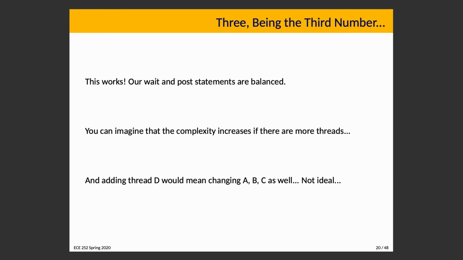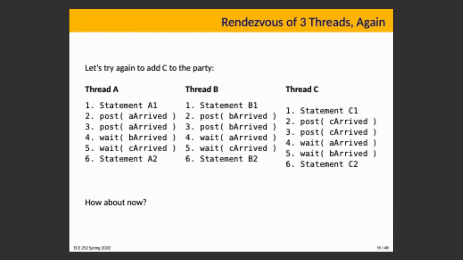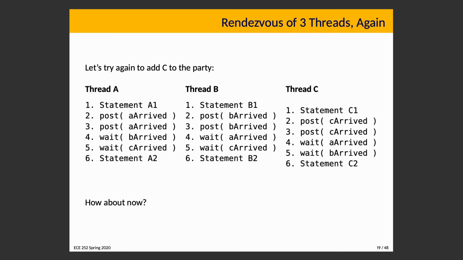The answer is yes, and one of the signs that this is correct is that our wait and post statements are balanced, but also, again, to demonstrate that it works as expected, you would have to go through all of the potential workflows for where a thread switch occurs and demonstrate that there is no such possibility where different threads all get stuck.